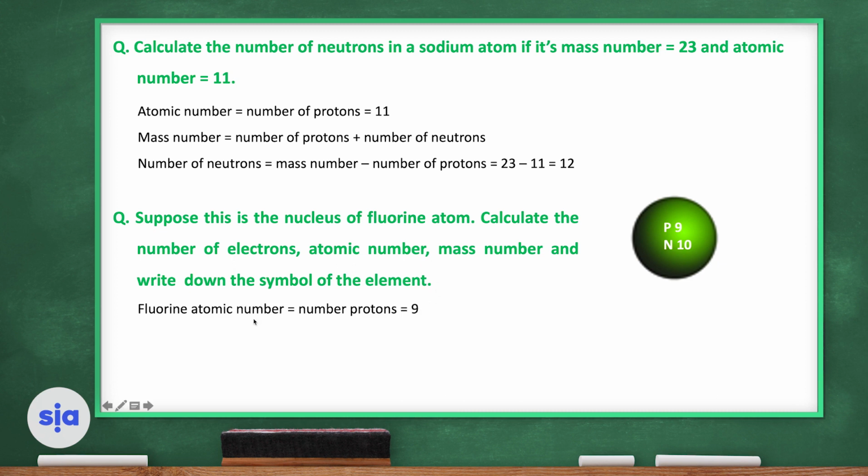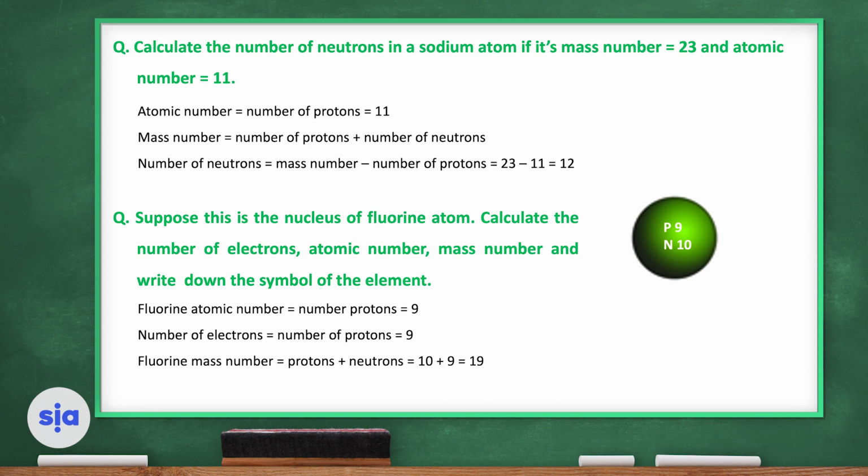The atomic number equals the number of protons, which is 9, and the number of electrons equals the number of protons, which is 9. The fluorine mass number is the sum of the protons and the neutrons, so 9 plus 10 equals 19. And the fluorine symbol is capital F. 19 is the mass number, upper left, and 9 is the atomic number, lower left.